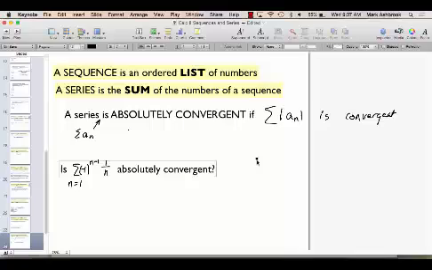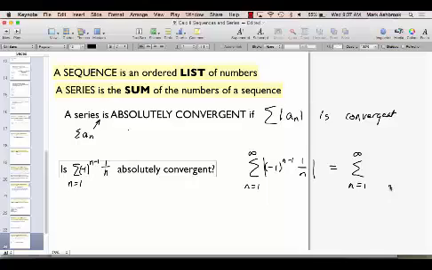So you're analyzing this series, which is essentially, what series is that? You take the absolute value of all those terms and add those up, it's the same as what series? The harmonic series. So is the alternating harmonic series absolutely convergent? No, because if you take away the alternating effect, if you make all the terms positive, you get the harmonic series, which we know is divergent.